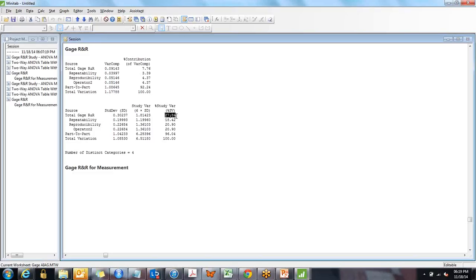Is this value greater than 30% or less than 30%? Less than. If it is less than, you accept the gauge. If it is greater than, you reject the gauge. And number of distinct categories: if it is greater than 4, you accept the gauge. If it is less than 4, you reject the gauge. So in all cases, it is telling that, wow, the gauge is good.